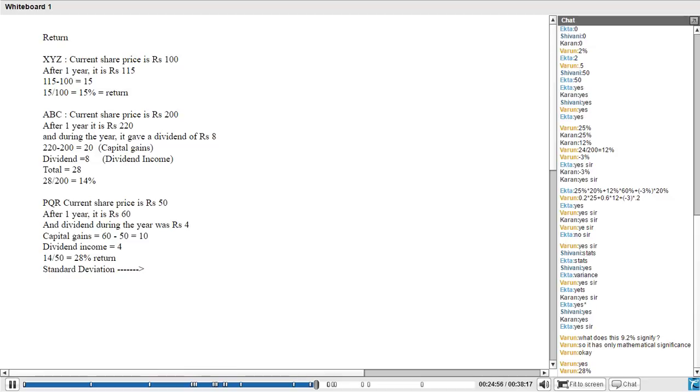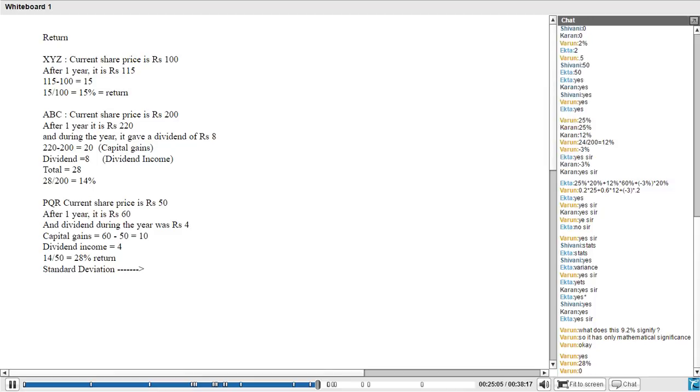Standard deviation. So what is standard deviation? The difference between the expected value and the actual value. In this case, there is only one scenario. So what does that mean?